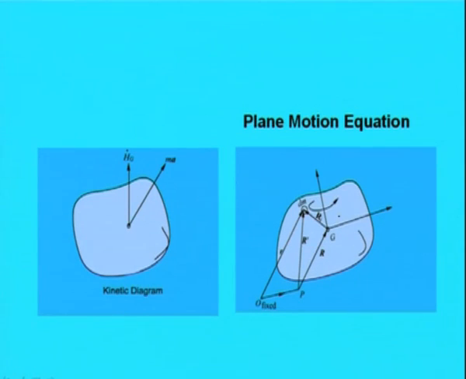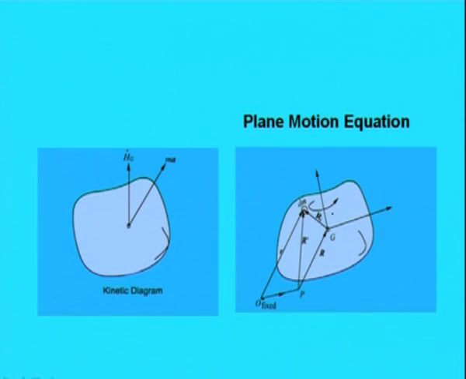Now let us consider plane motion. The mass center is shown as G, and O is a fixed point. We take any other point P, which may be on the body or on a hypothetical extension of the body.